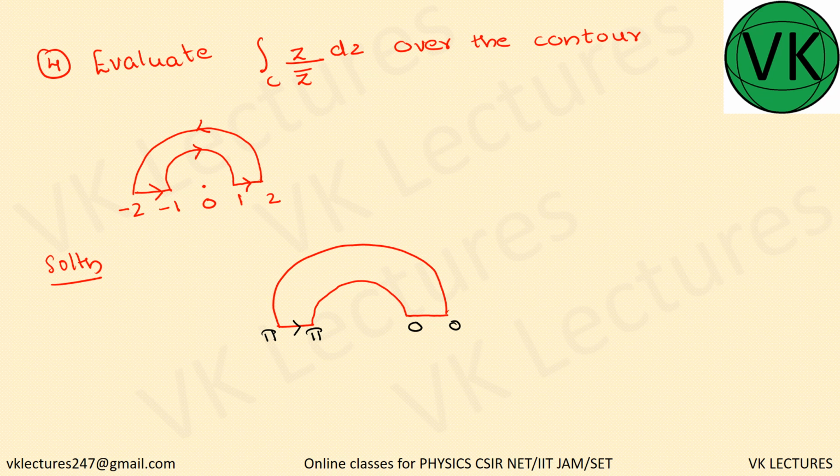So 0 to pi here. This is the first part. And we can take this as second part. And we can classify this as the third part. And this as fourth part.